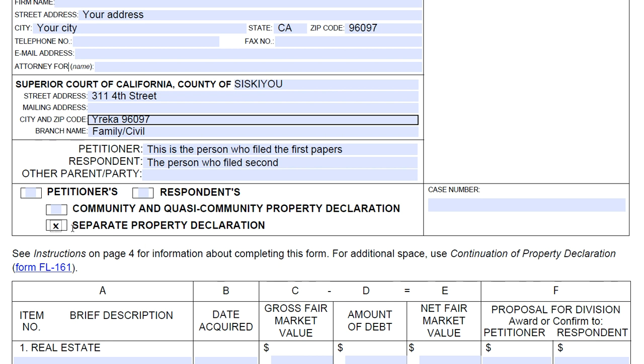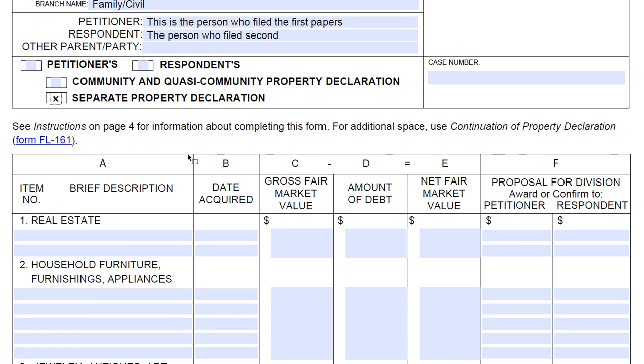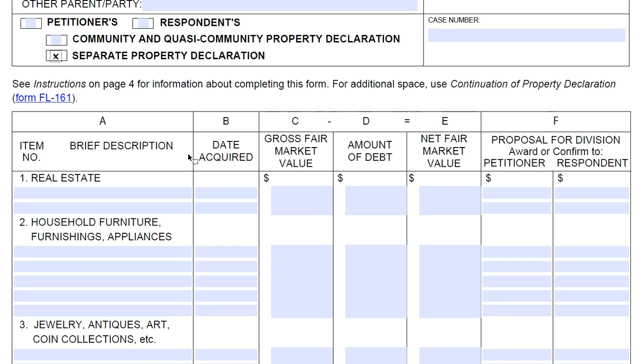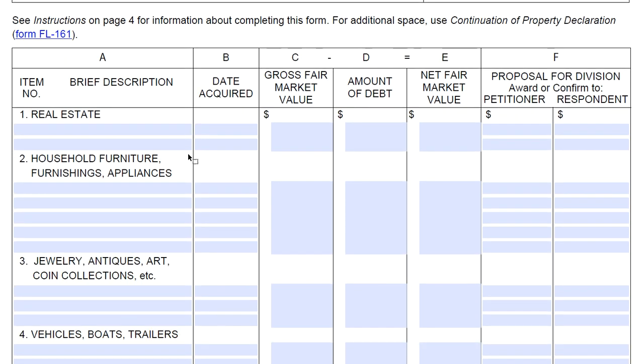Again, an easy way to think of separate property is everything that you had before the marriage or that you received as a gift or inheritance during the marriage would be separate property. This form overall can be used to list almost every type of asset or valuable that you can possibly have.